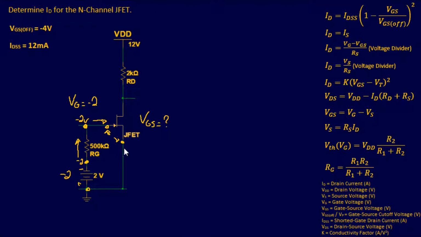Now the good news is, if you took a negative lead right here, that's going straight to ground. That means you're measuring in reference to ground instead of a resistor. So that means your gate source voltage equals your gate voltage, which means VGS equals negative 2 volts. And I'll tell you what, I'll put it over here.